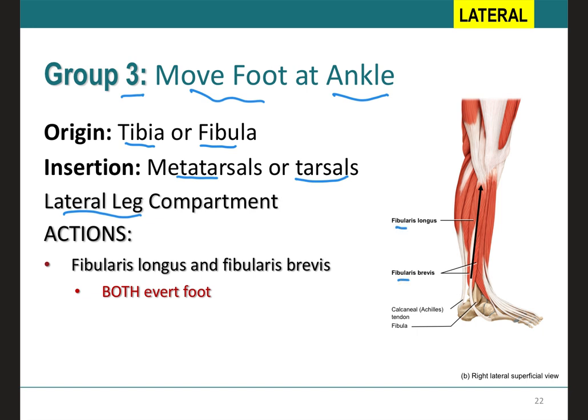Because on the lateral side, that's where we have the fibula. So we're going to have 2 muscles. The fibularis longus, which is this big muscle over here, and the fibularis brevis right over here. And once they pull, they will bring your foot sideways like this. So they will both cause eversion, or they will evert the foot at the ankle.